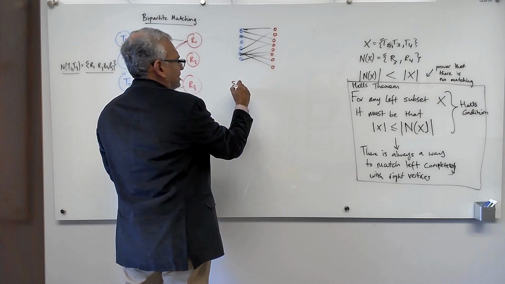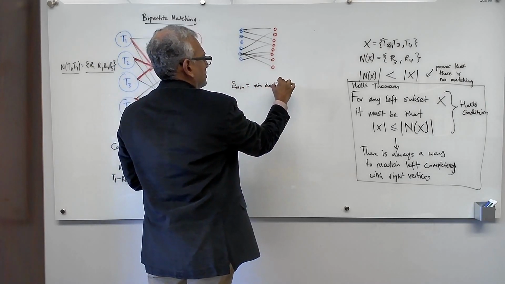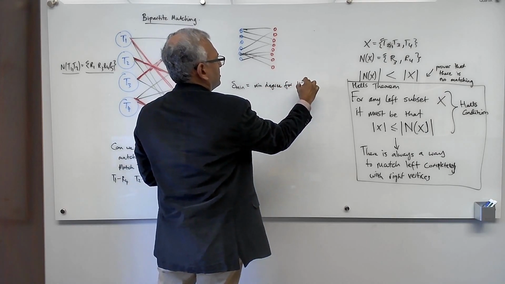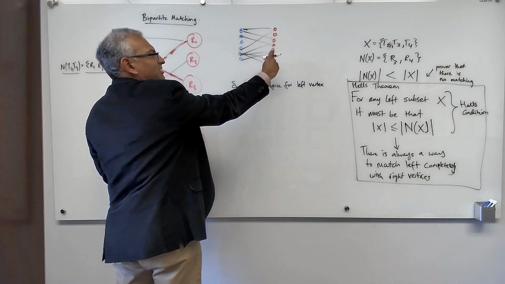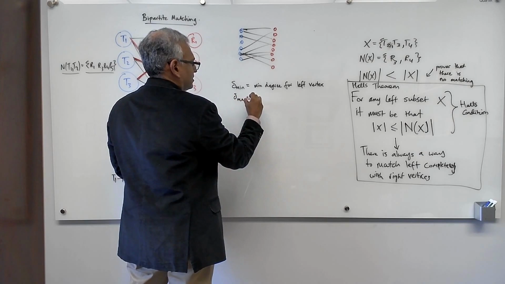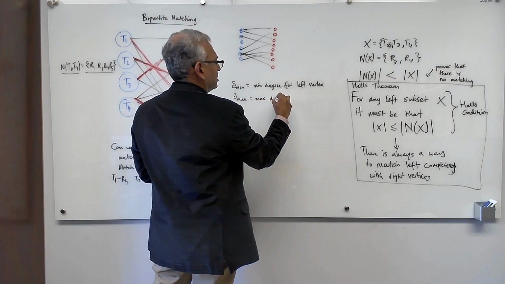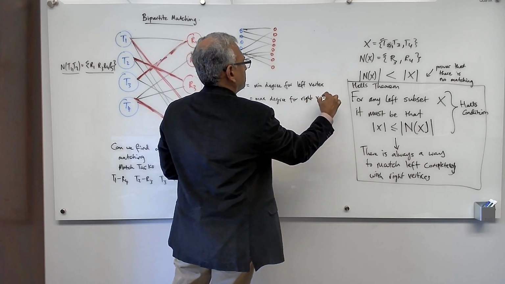Let's call that delta min, equals the minimum degree for a left vertex. And now you can look at the maximum degree of a right vertex. Delta max equals the maximum degree for a right vertex.